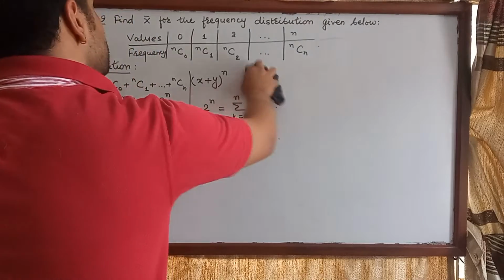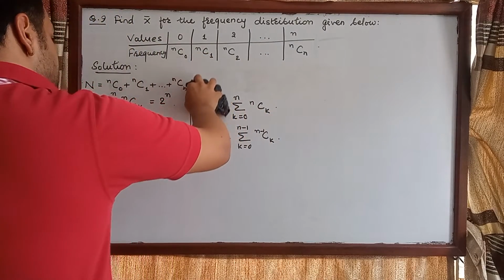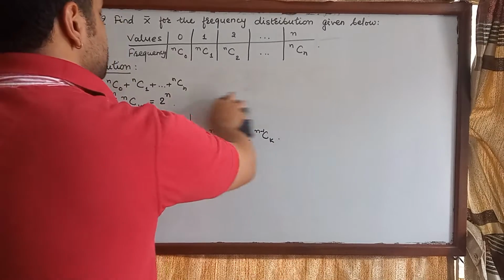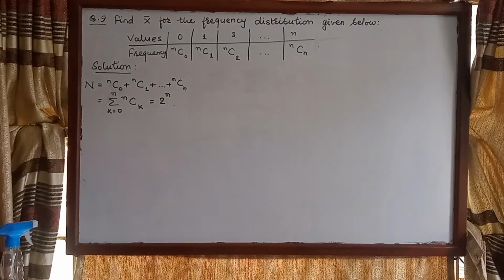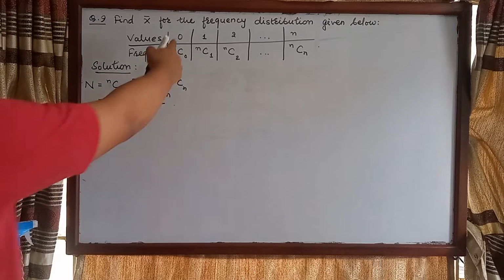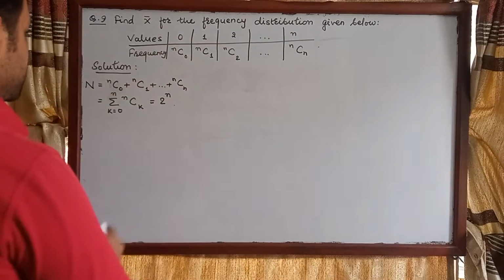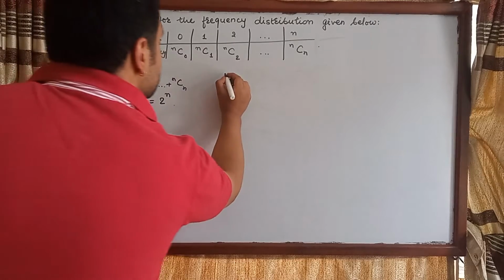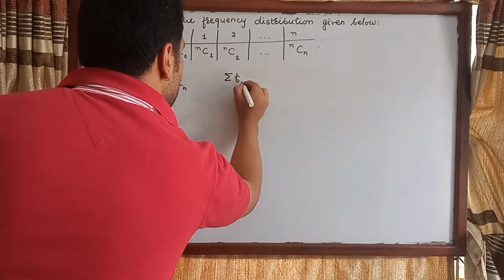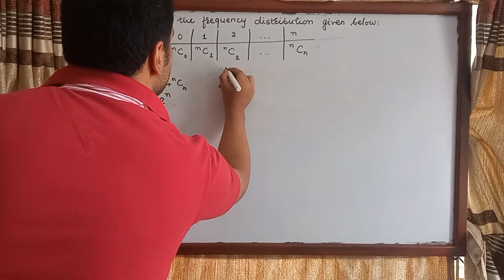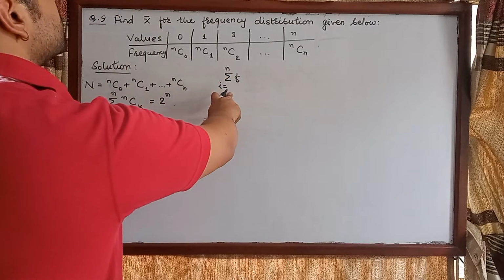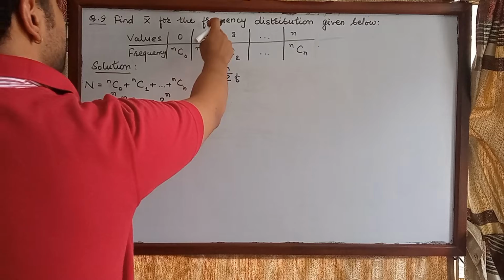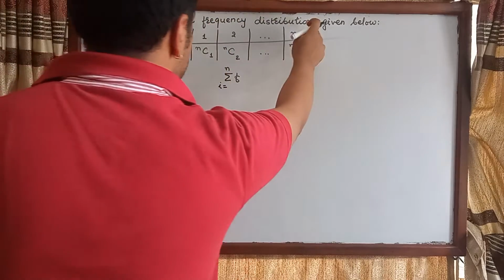Now all we need to do is to find the sum of the product of frequencies and observed values. So the total sum of all the observations is given by the summation, i runs from 1 to n plus 1, where this is x1, this is x2, this is x3, this is xn plus 1.